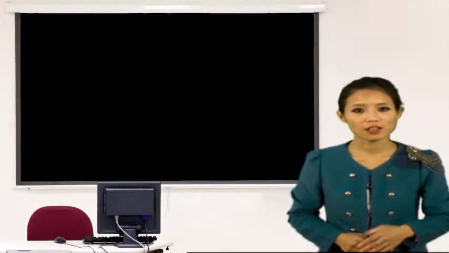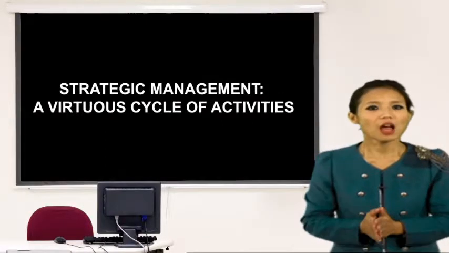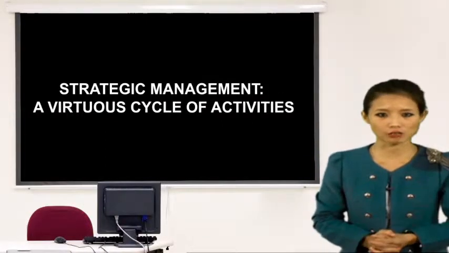Strategy execution. The primary outputs of these activities are the plans for deployment, the organizational resource alignment mechanism and control system, and learning process. Strategic management, a virtuous cycle of activities. The strategic management process continually builds the capabilities of the members of the organization and the business organization competencies.